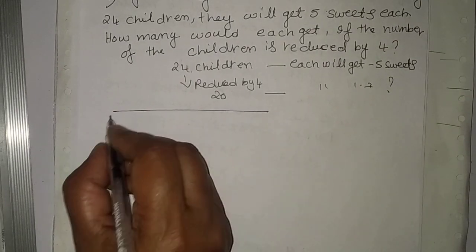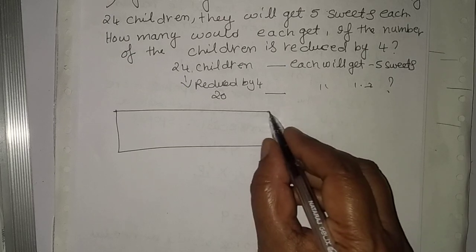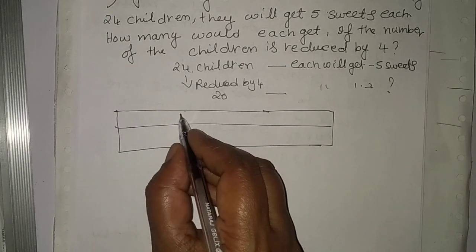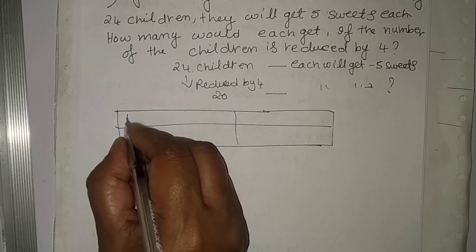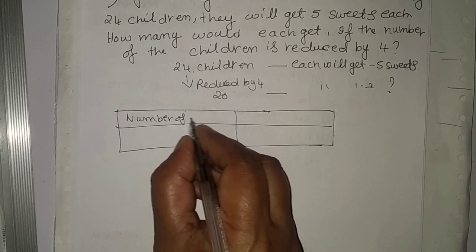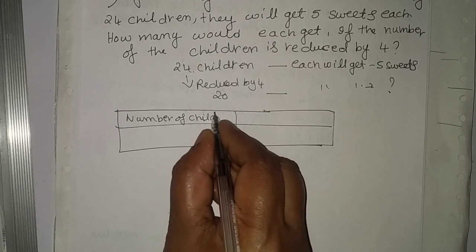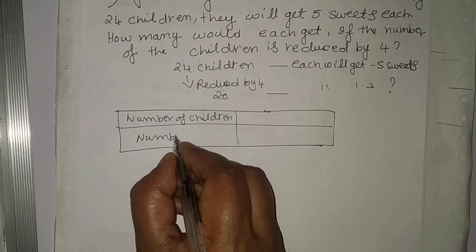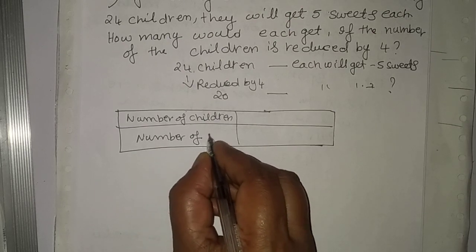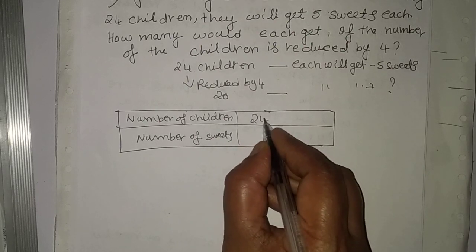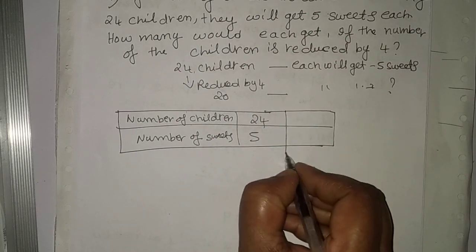So see the box here. We'll write the table: number of children, number of sweets. Therefore 24 children, 5 sweets each will get.